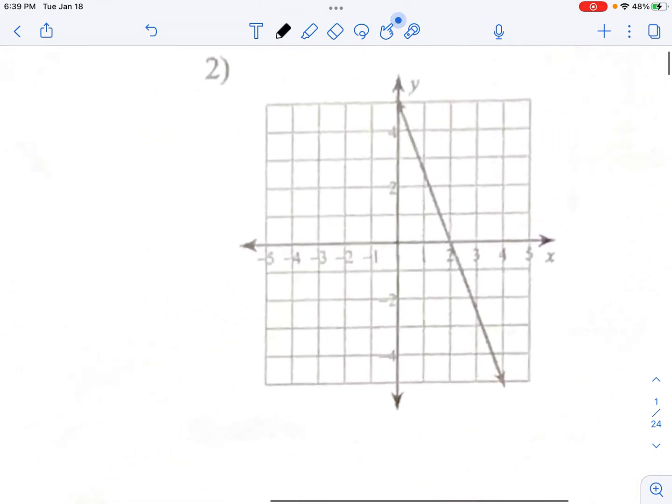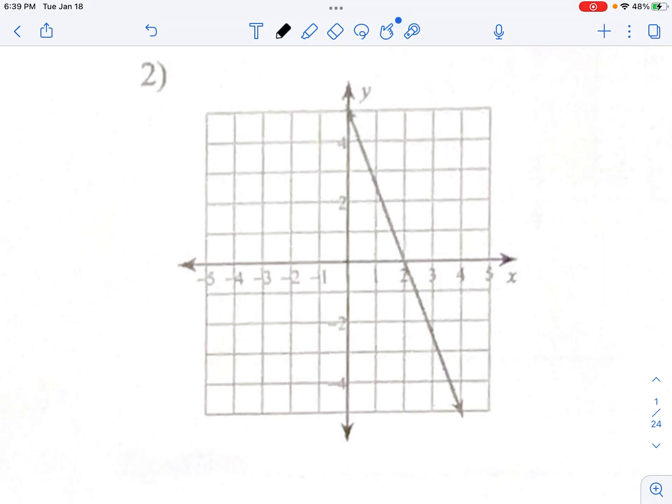Number 2. So this right here would be our y-intercept, right there at 5. Now we just need to find one other clean point. If you go along this line right here, you're going to see that there's not actually a clean point until you hit right here.